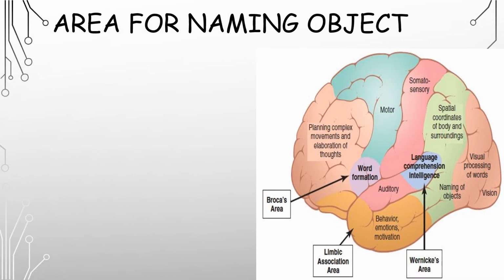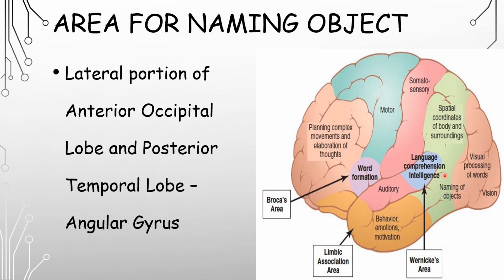Area for naming the object. Yes, there is an area for naming the objects. So that is the lateral portion of the anterior occipital lobe and posterior temporal lobe. So here it is. This is the angular gyrus.